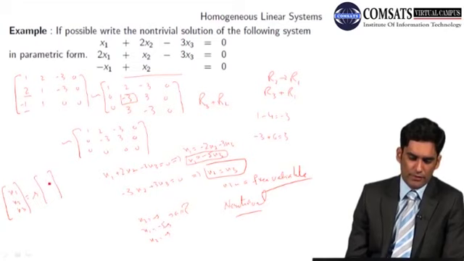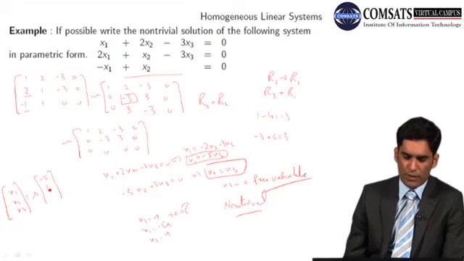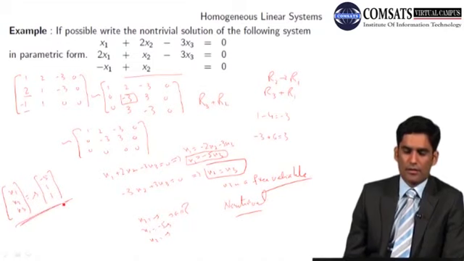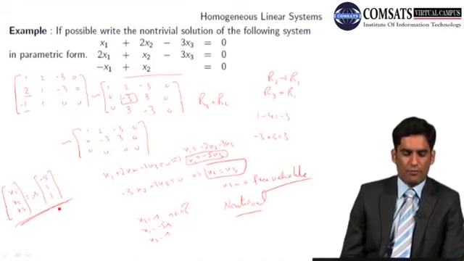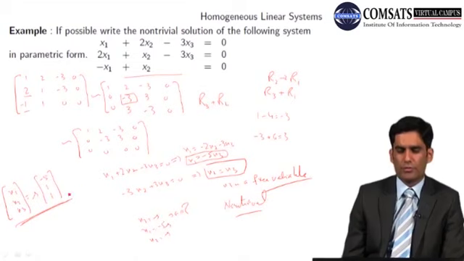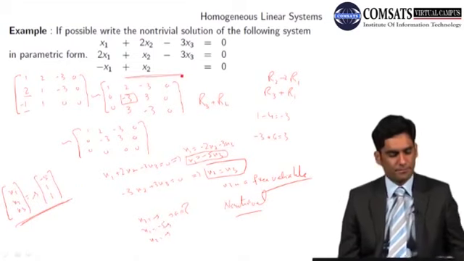So in this vector the first component will be minus 5, the second component x2 equals s, so I will put 1, and x3 equals s, I will put 1. So this is the parametric vector form of the non-trivial solution of the homogeneous system given here.